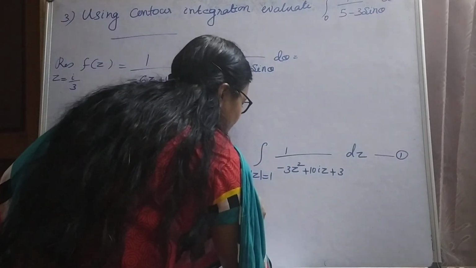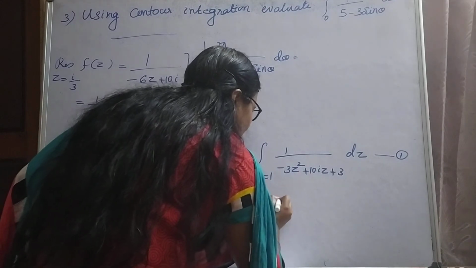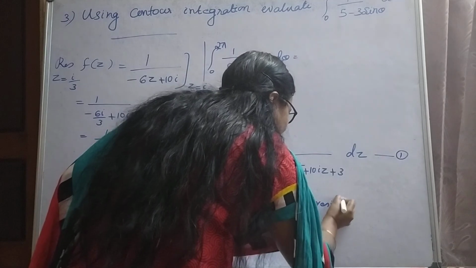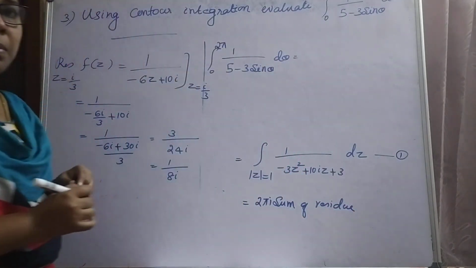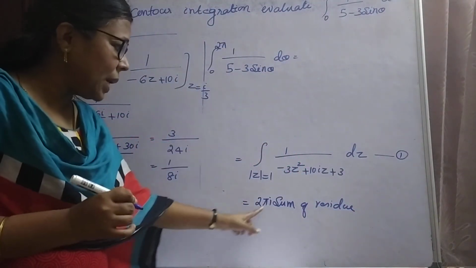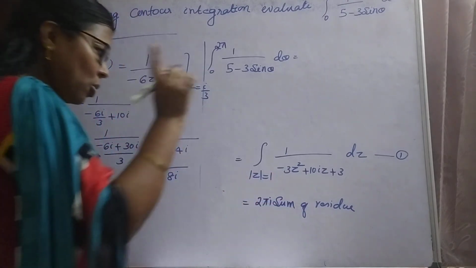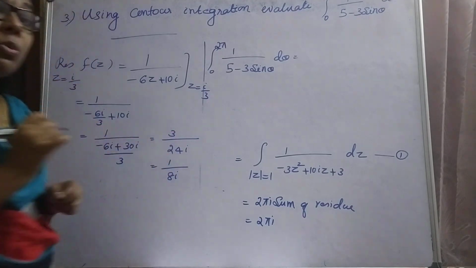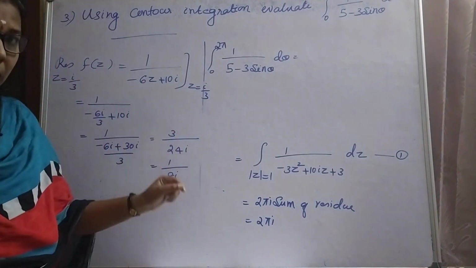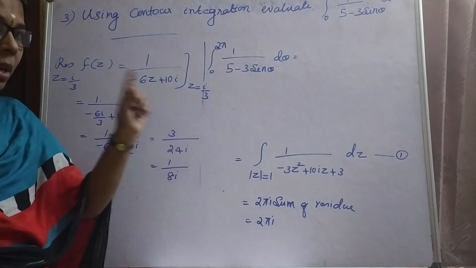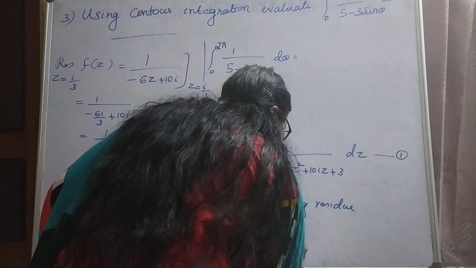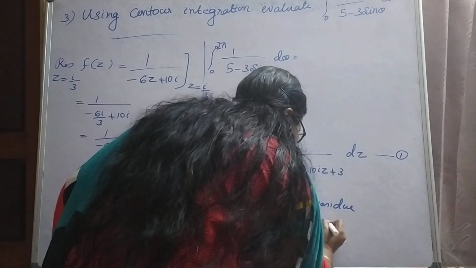By Cauchy's residue theorem, the value of this integral is 2 pi i into sum of the residue. Here only one singular point is inside the contour C. Therefore we have to find only one residue, which is 1 by 8i. Our answer is 5 by 4.